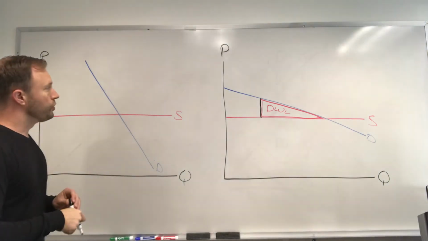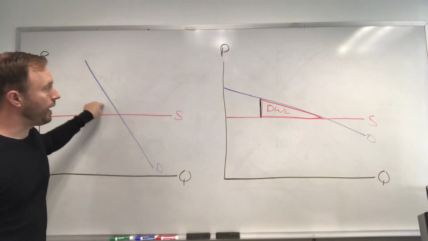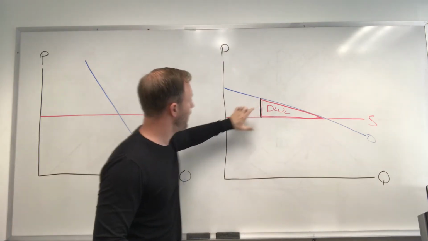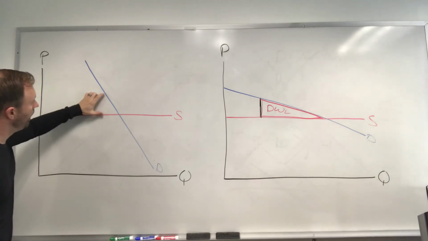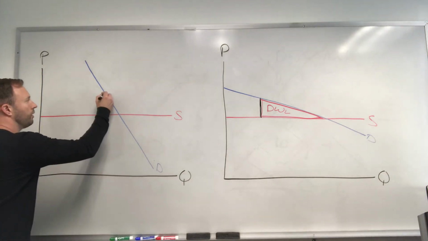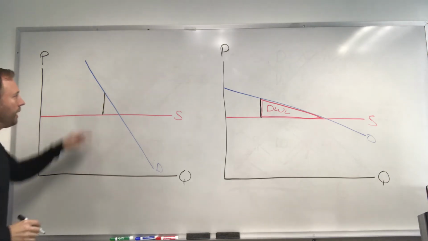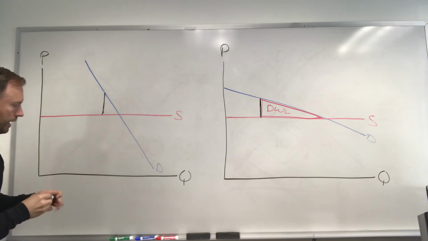Now, let's draw the same tax wedge on this graph. So take that height and find the point on this graph where supply and demand are that far apart. Okay, there is our tax wedge.